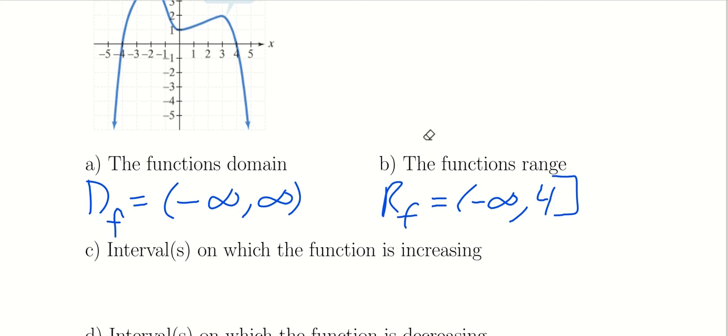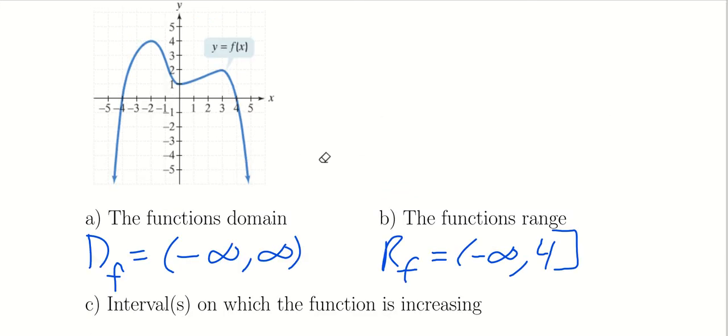The next question asks on what intervals is the function increasing. Typically, whenever we do increasing or decreasing, you want to read the function like you would a book. And remember, these are intervals on the x-axis in the domain. When we start out from -infinity, as we go to the right, notice that the graph is going up and up and up.